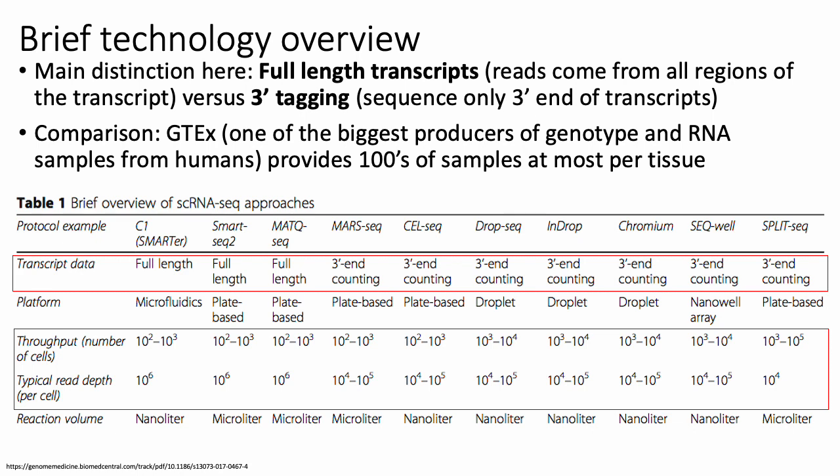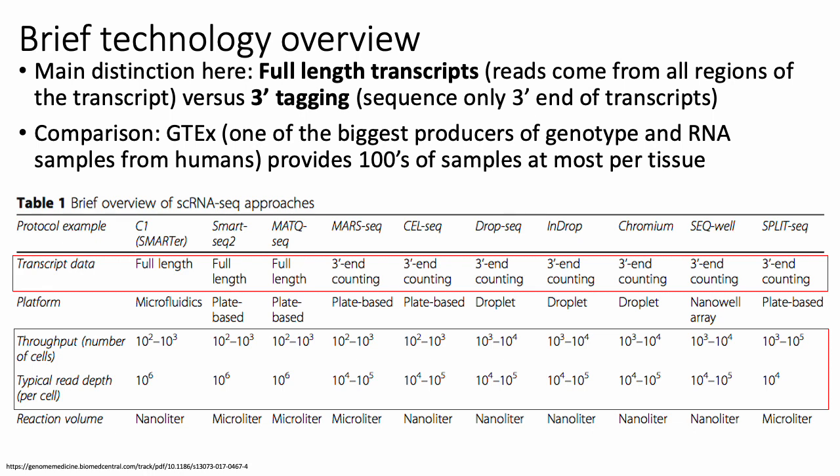Whereas for the 3' tagging methods, because you're only sequencing a small portion at the 3' end, you don't see what happens in the 5' end. There actually are now protocols for doing 5' tagging as well, but they're not discussed here, and they would suffer from a similar problem: if you only sequence one end, then you don't know what happens at the other end.